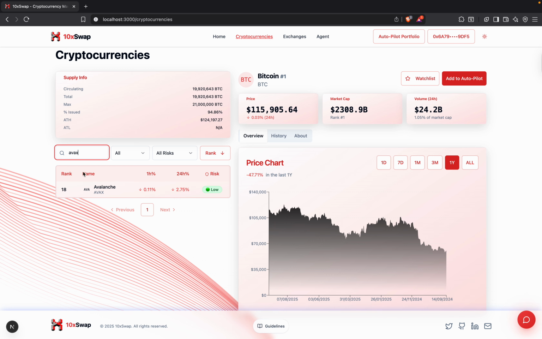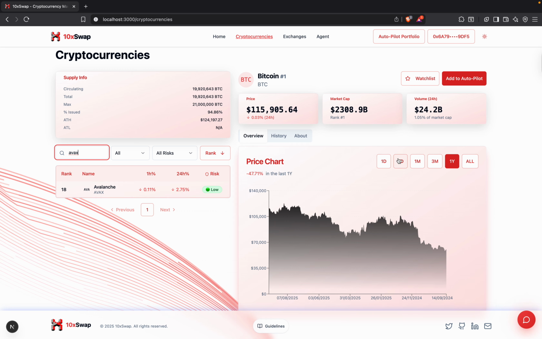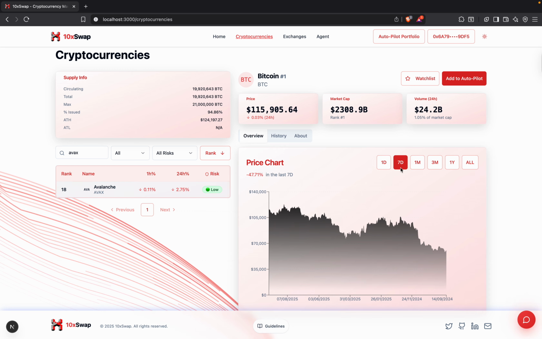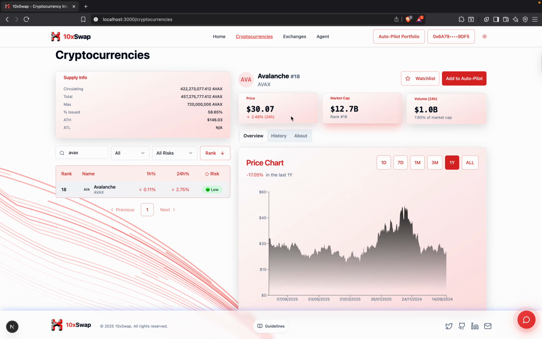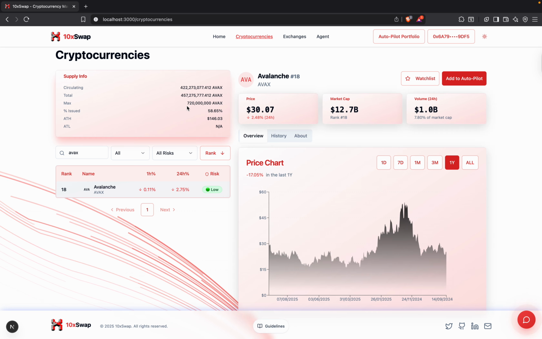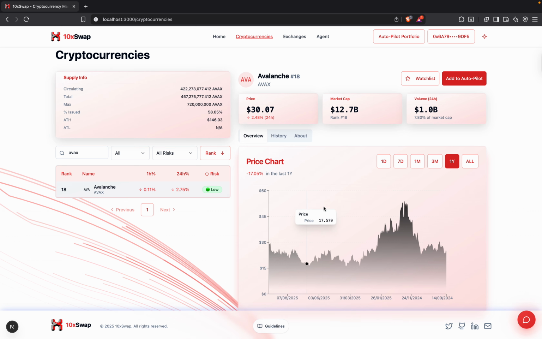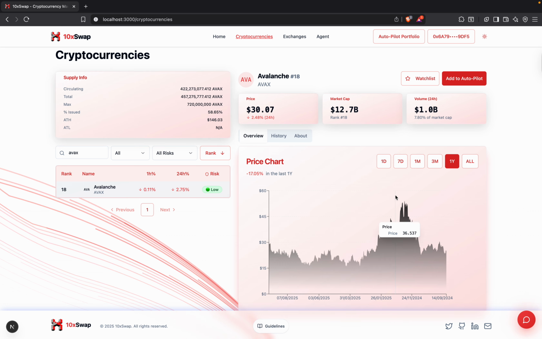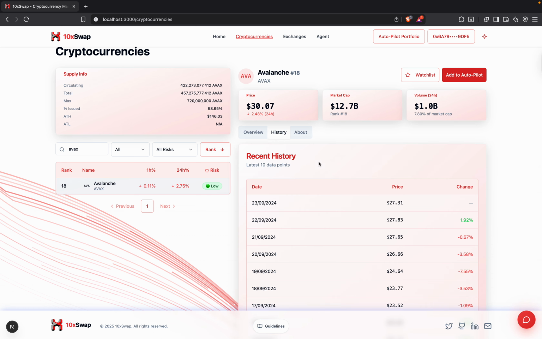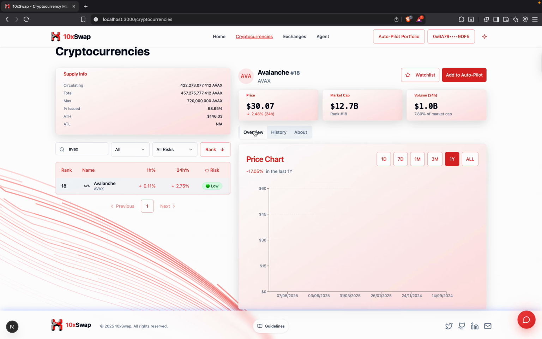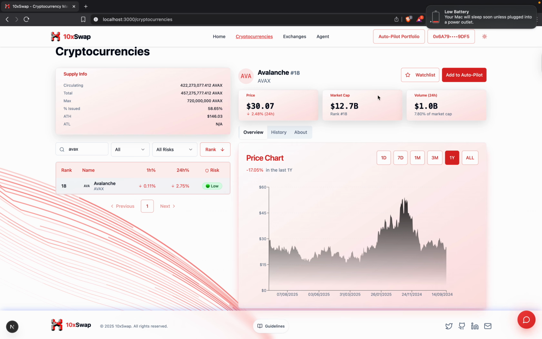For example, Bitcoin, there is Avax, and all the other available coins. It shows us the analytical growth or downfall of a particular coin, and it also shows us the supply info over a wide range of years, basically collecting all the real-time data.